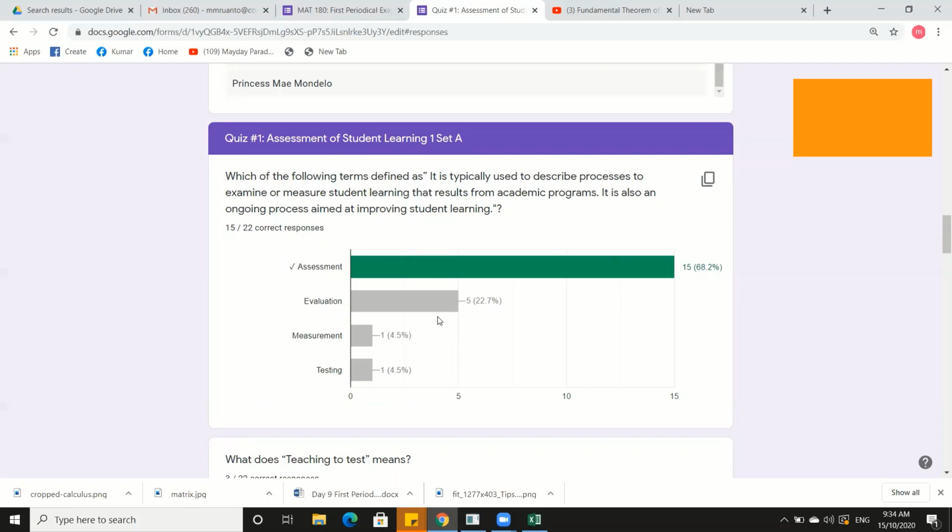When you say improvement, assessment, but when you say there is judgment or grading, that is evaluation. Measurement is simply writing a score or scoring. And testing is simply administering the test, just conducting the test.